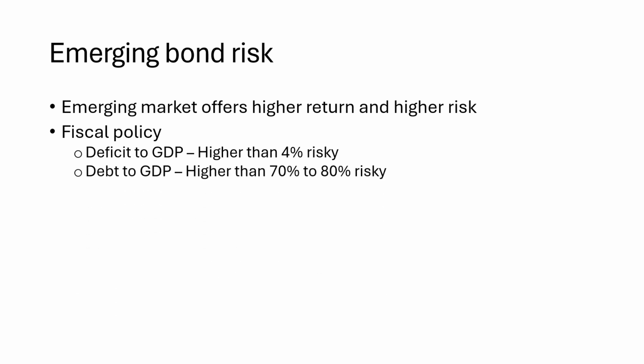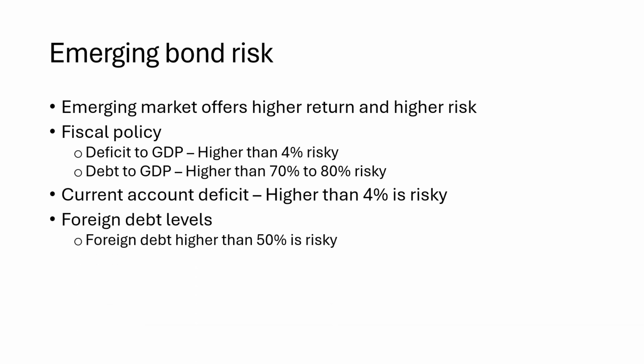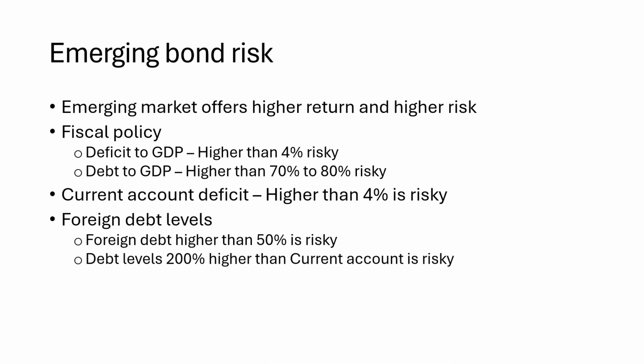Debt to GDP ratio, if it is 70% or 80%, then it's risky. Current account deficit higher than 4% is risky. Foreign debt levels: foreign debt higher than 50% is risky. And foreign debt higher than 200% of the current account is risky.